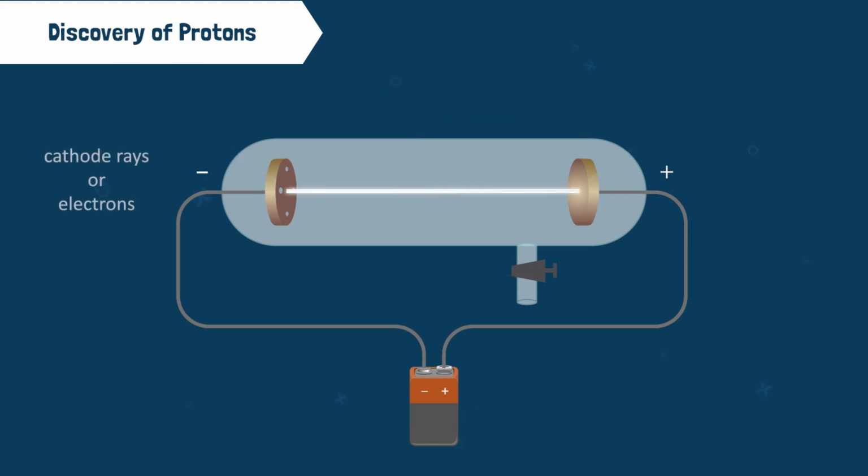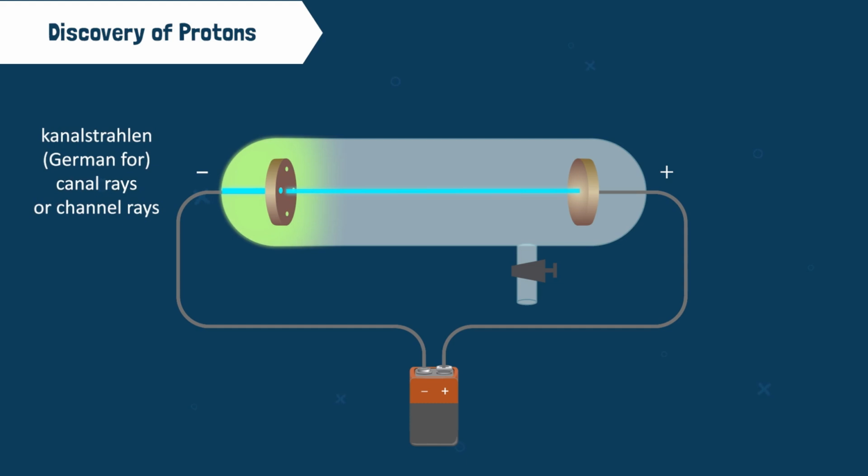When a high voltage was applied, some rays were observed traveling towards the cathode. They passed through the holes in the perforated cathode and produced a glow on the glass wall opposite the anode. Goldstein called these rays Kanalstrahlen, or canal rays or channel rays, because they passed through the channels or holes in the cathode.